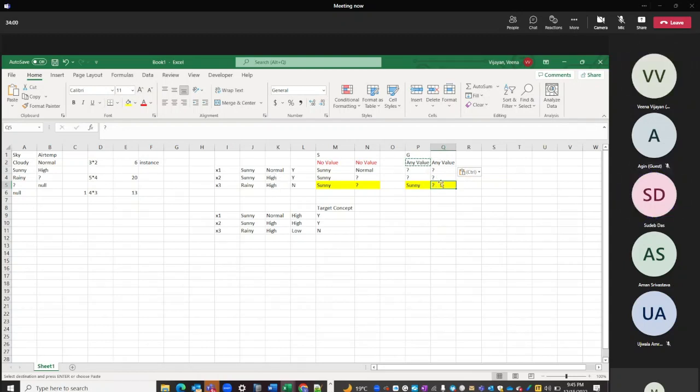You are telling sunny is the most generic value because in case of sunny, it is showing yes, yes. That's correct. So that is the value, which means till now that is the only value for the sky.